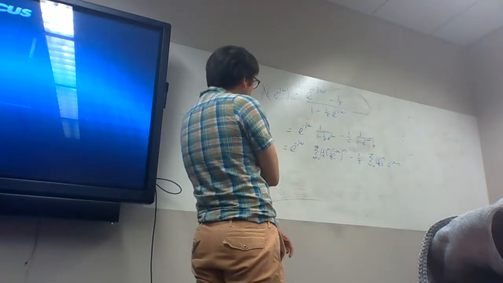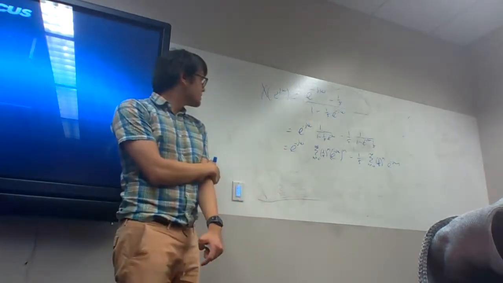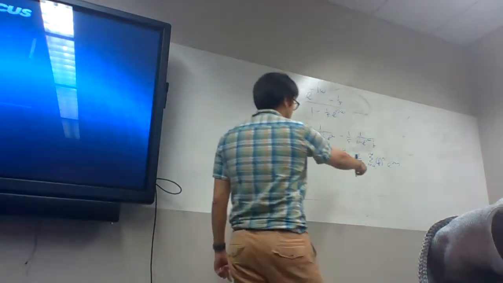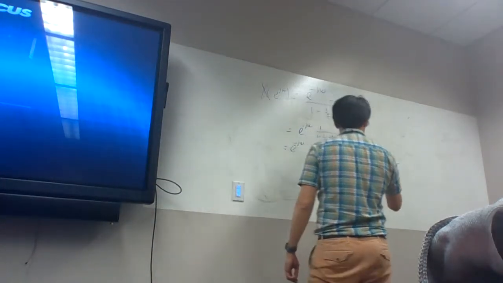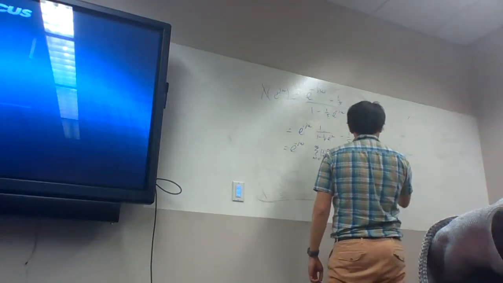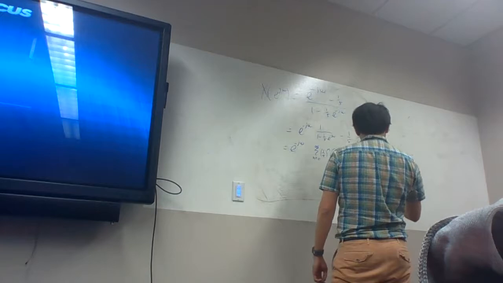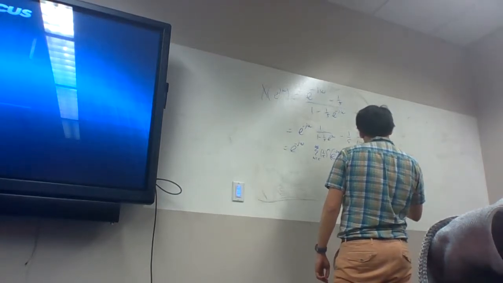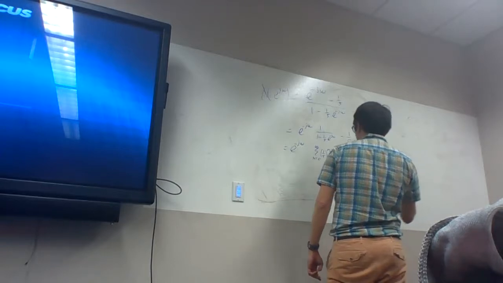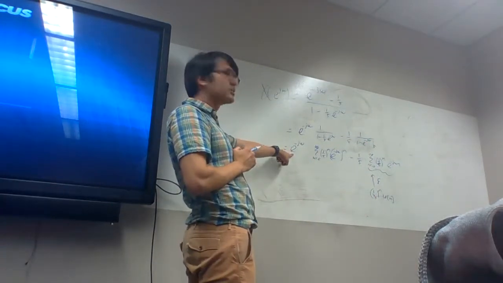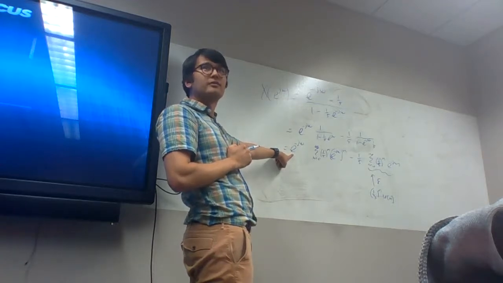What we can see here is that this thing right here corresponds to the Fourier transform of 1/5 to the n times u of n. And then this right here corresponds to a one-step delayed version of that.